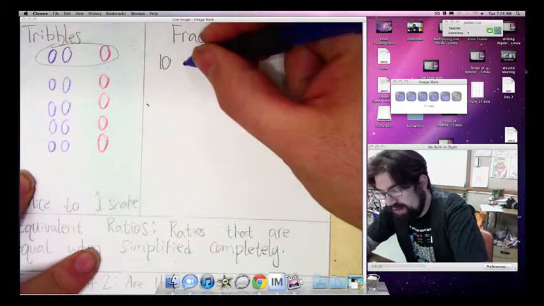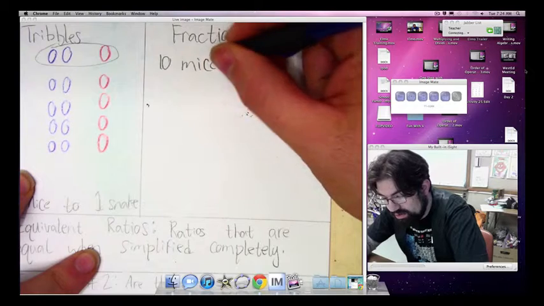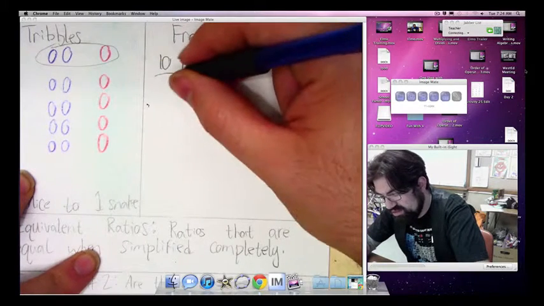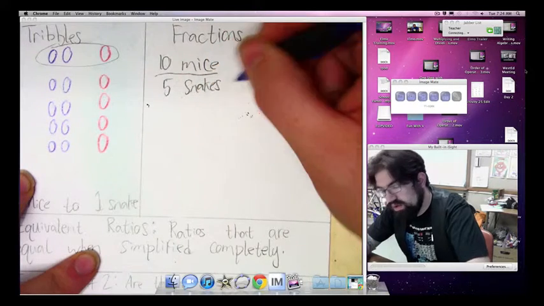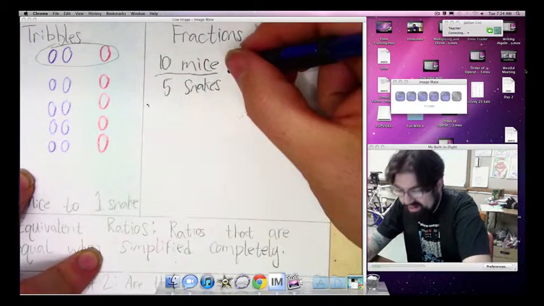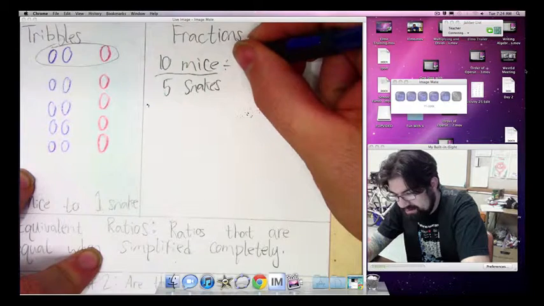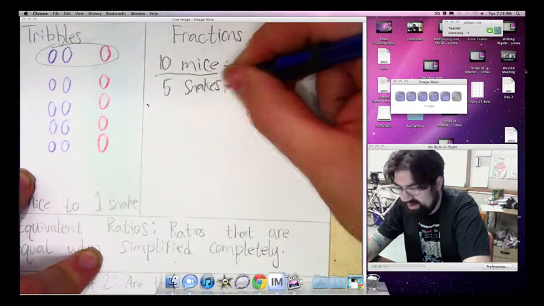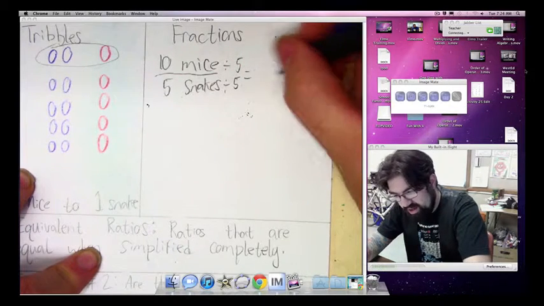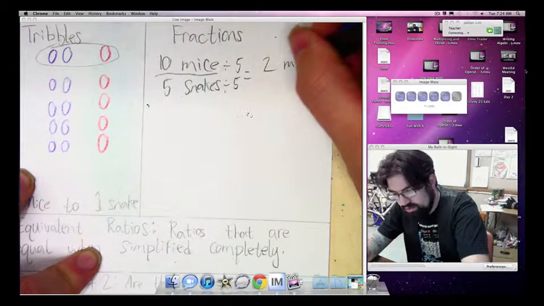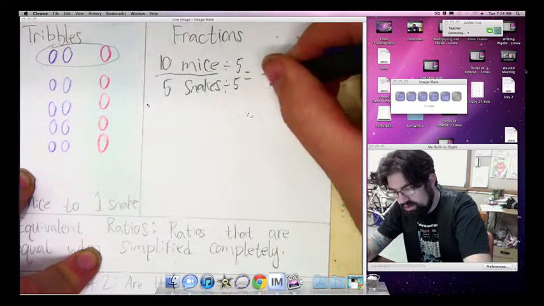If I write this as a fraction, because it's a ratio, I have 10 mice and 5 snakes. Well, I can divide this by 5, and whatever I do on the top, I have to do on the bottom, just like a fraction. And that means I have 2 mice for every 1 snake.